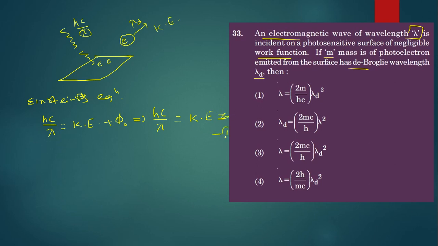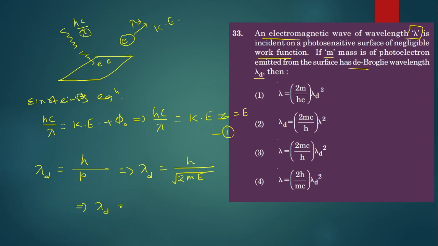This is the first part of the question. What is the de Broglie wavelength? De Broglie wavelength is h by p, or in terms of kinetic energy, it is given by h by square root of 2mE. So this E is nothing but the kinetic energy in this case.